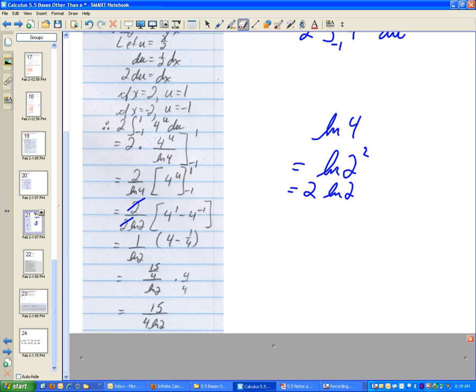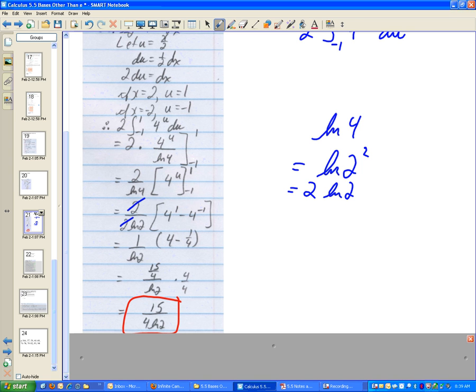All right, now, sneak preview. On the AP test, if this is a free response question, you don't have to simplify it this far. If it's a multiple choice question, you probably do. That's probably the answer that you will see as a choice, okay? So it's not as if they never make you simplify things on the AP test.